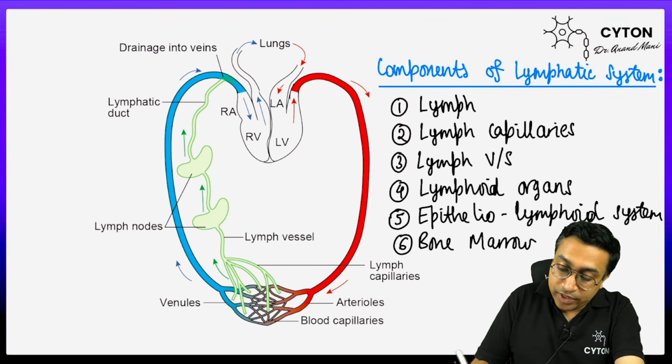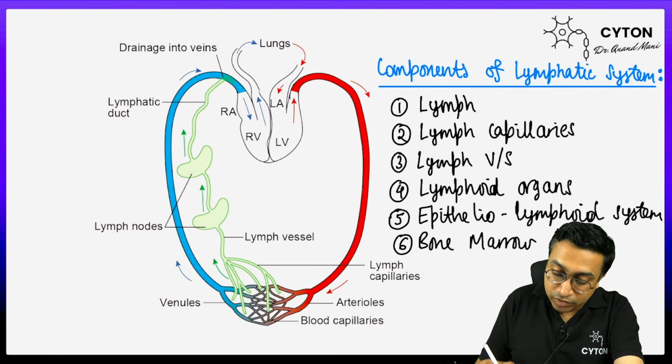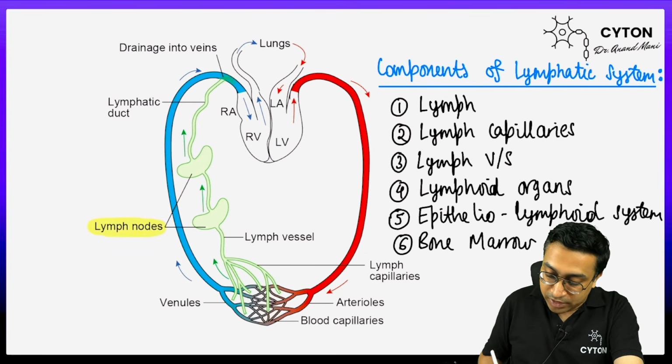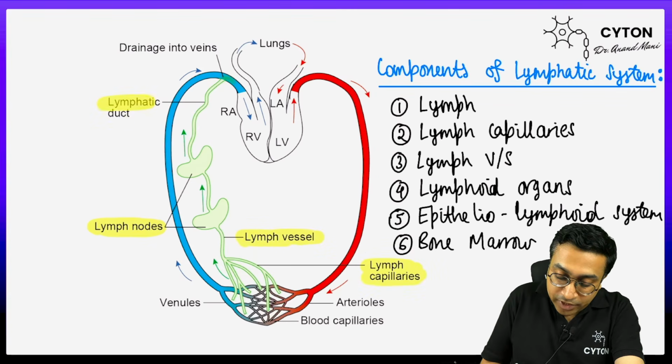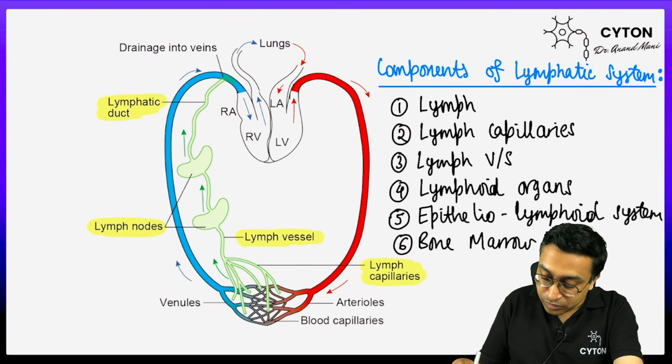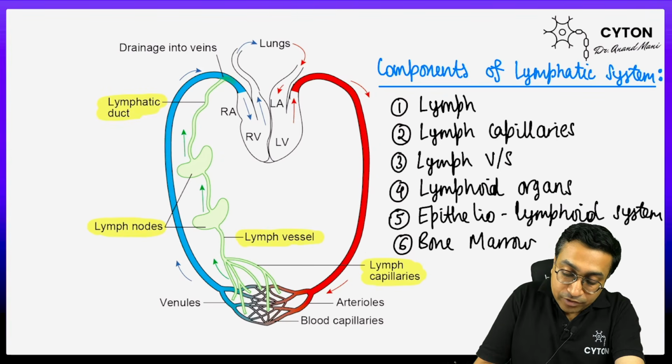So let us highlight here what all we have. We have the lymph nodes, the lymph vessels, you can see here lymph capillaries, the lymphatic ducts, and the lymph itself.